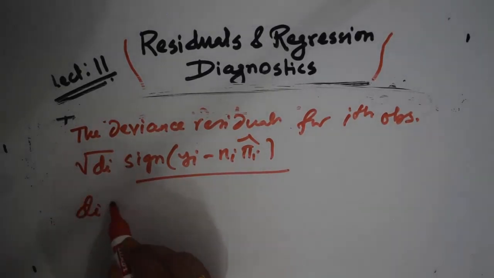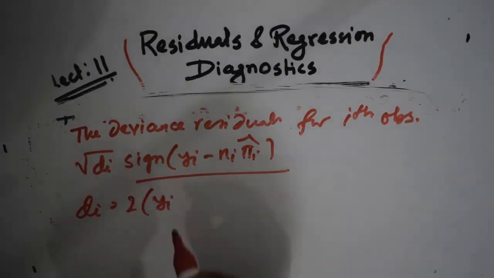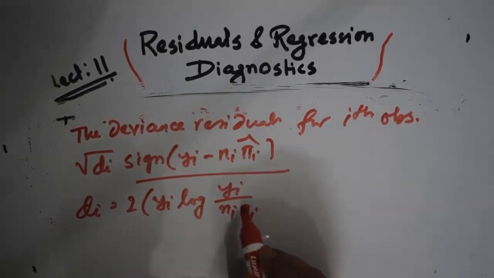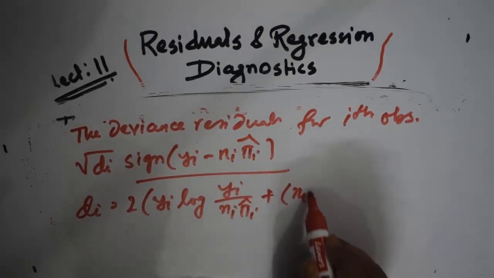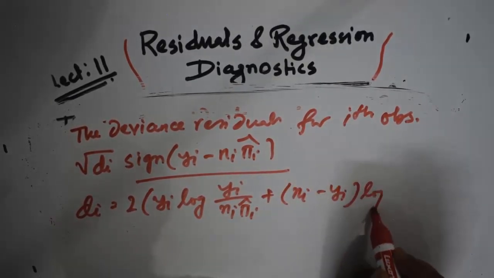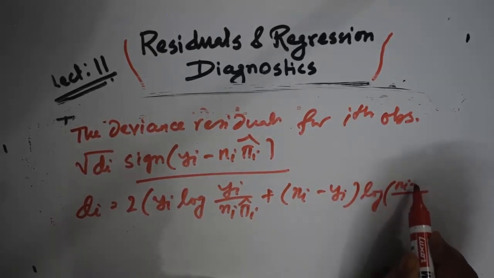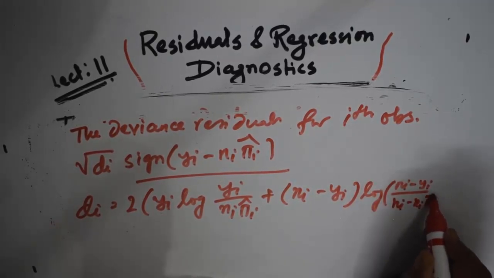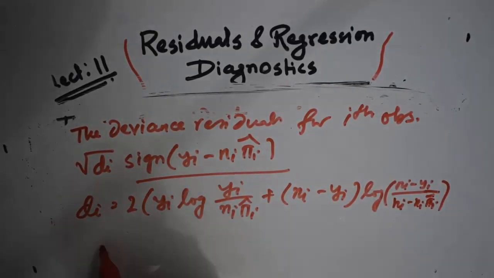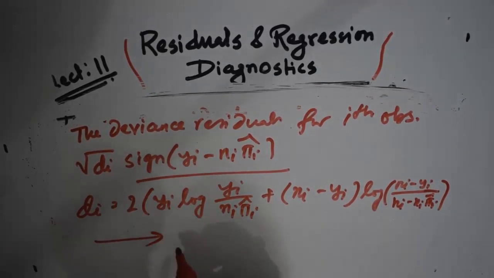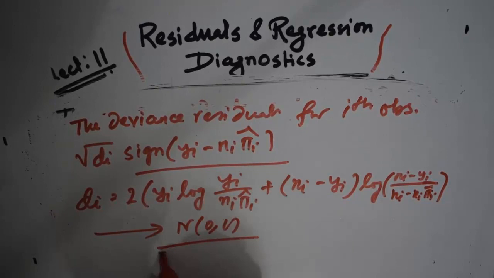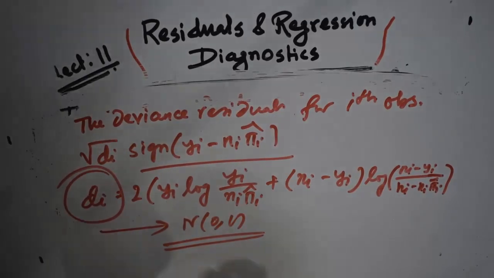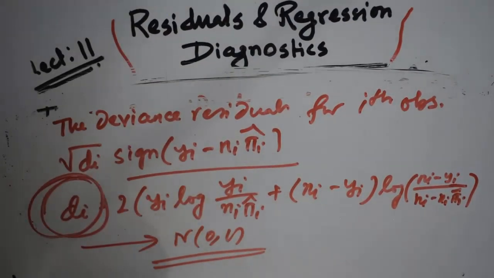And di is 2 times [yi log(yi over ni pi i hat) plus (ni minus yi) log((ni minus yi) over (ni minus ni pi i hat))]. This also tends to normal 0, 1. So you can consider these deviance residuals also.